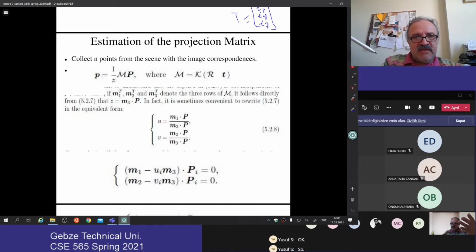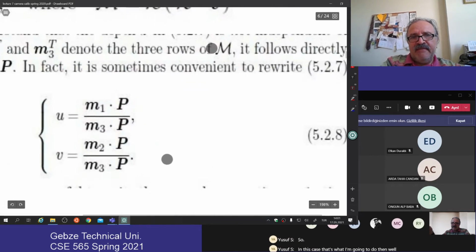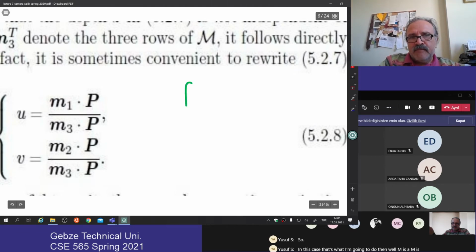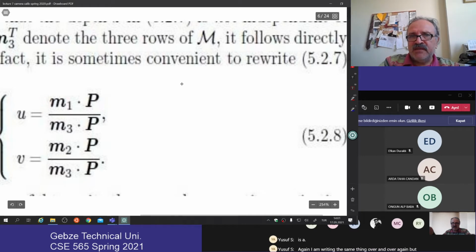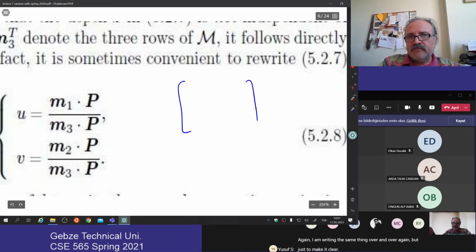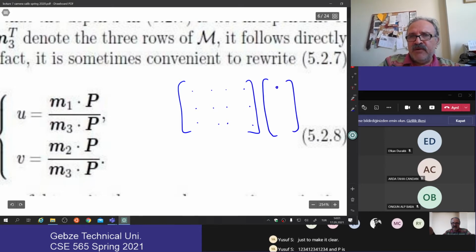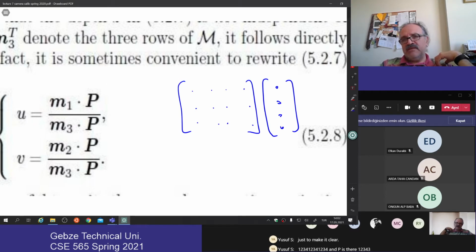I am writing the same thing over and over again, just to make it clear. M is a 3 by 4 matrix, and P is the three-dimensional representation of point P in homogeneous coordinates, with four elements.